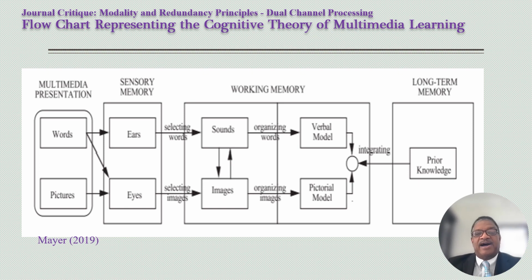It enters our ears and our eyes, and then those selected words go into our working memory, and the images go into our working memory, and then we organize it, and then it goes into a verbal model and a pictorial model, and then we bring in knowledge that we have in our long-term memory, and then we mix it all up and we get a picture. So we can kind of see that picture of those rules that we just visited a minute ago. Okay.